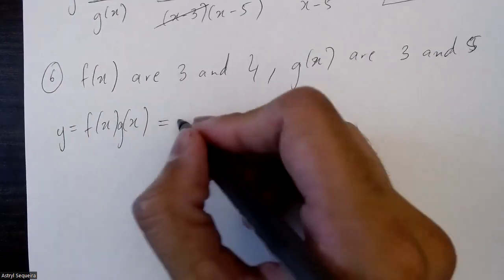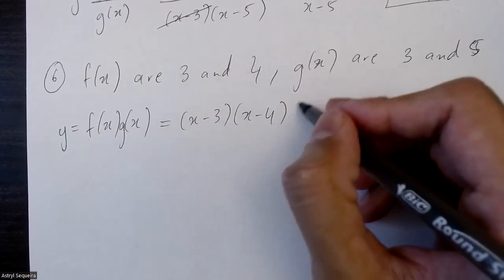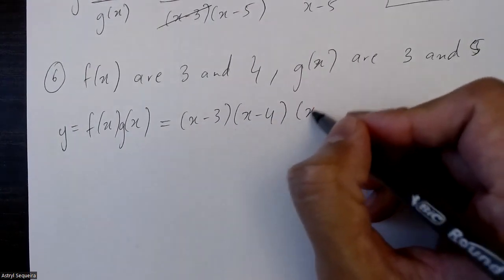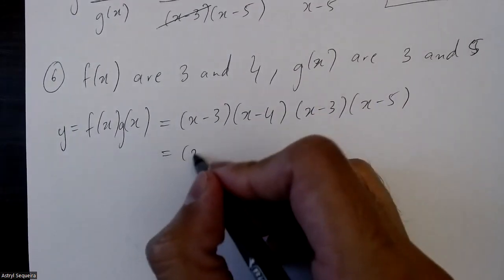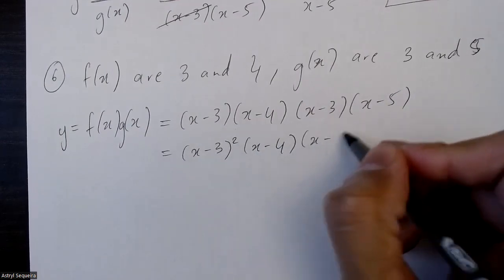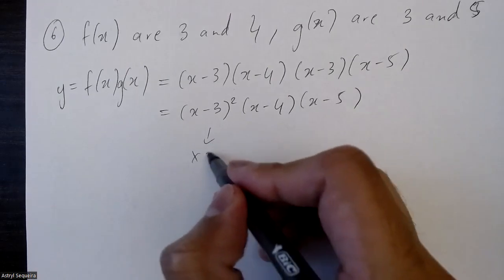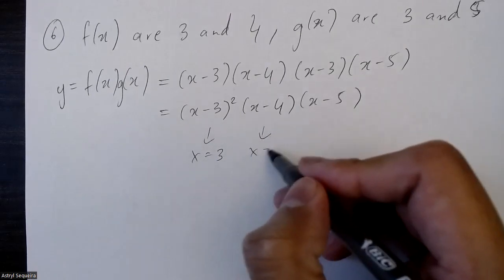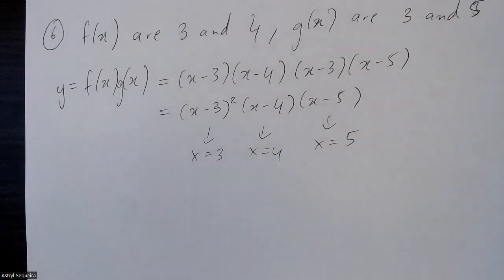So if I wrote this as an equation, it's just x minus 3 times x minus 4 times x minus 3 times x minus 5, which is just x minus 3 squared times x minus 4 times x minus 5. So my zeros are just x equals 3, x equals 4, and x equals 5.